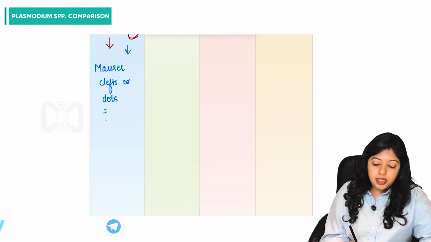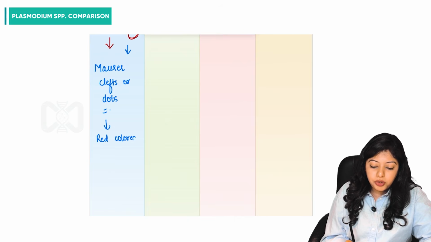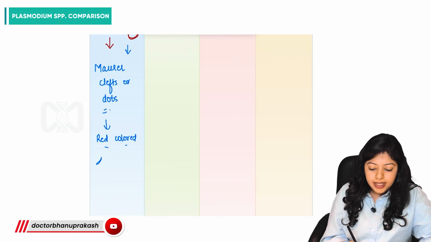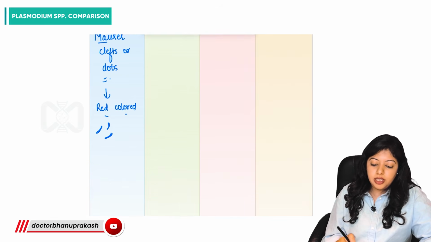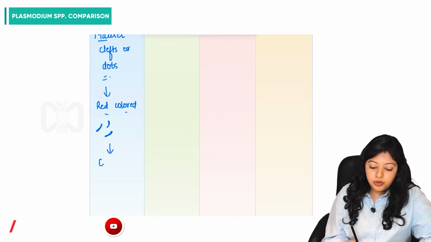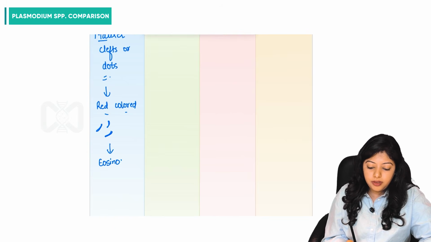These are red colored dots or comma-like clefts visible in the RBCs, and of course they are eosinophilic.